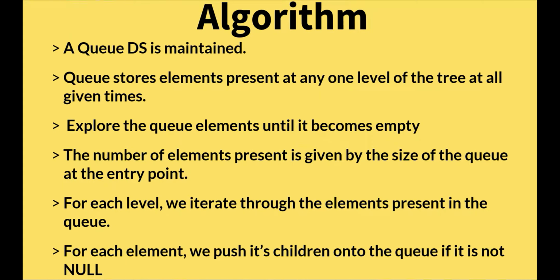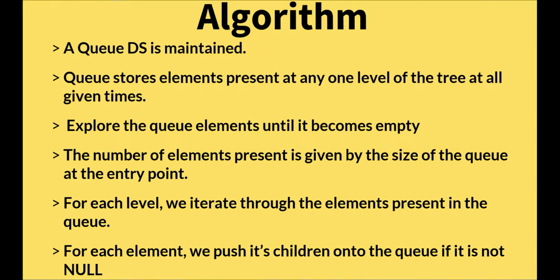So we first initialize our queue with the root element or the level 1 element. Now what you need to do is run a while loop until our queue becomes empty. Inside this while loop, we need to know how many elements are there at any given level in our queue. So the size of the queue will give us the number of elements present in that level.